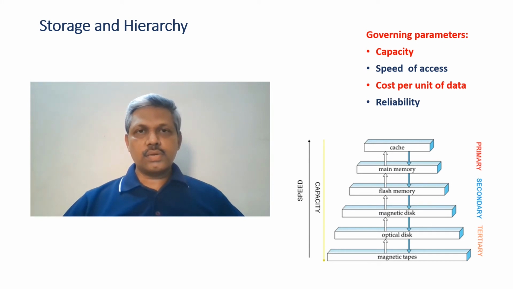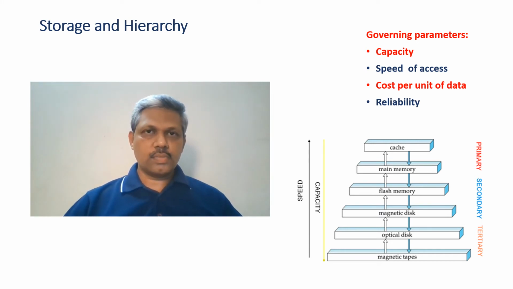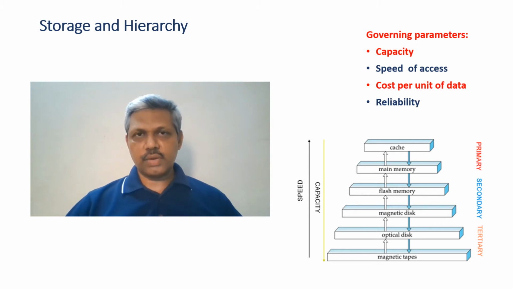Now, with this background, let us observe the hierarchy among the storage structures, starting from the cache memory, then main memory, flash memory, then magnetic disks, optical disks, and magnetic tapes. Starting from cache memory, the processing speed is much higher when compared with others, and the processing speed decreases as we go down.